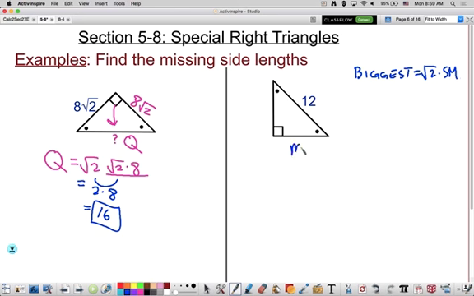Okay, so call it M. This one's M, this one's M. So biggest is 12, and it's equal to square root of 2 times M. So how do you solve for M? Not the 2, but the square root of 2. Divide both sides by square root of 2.